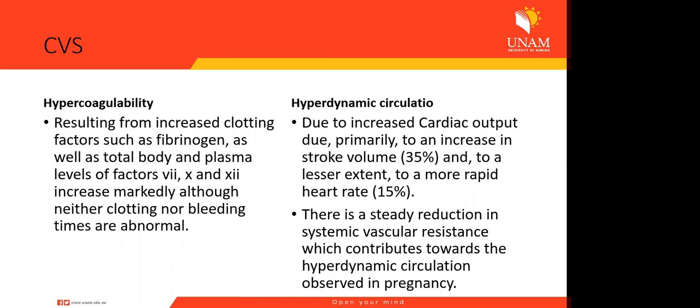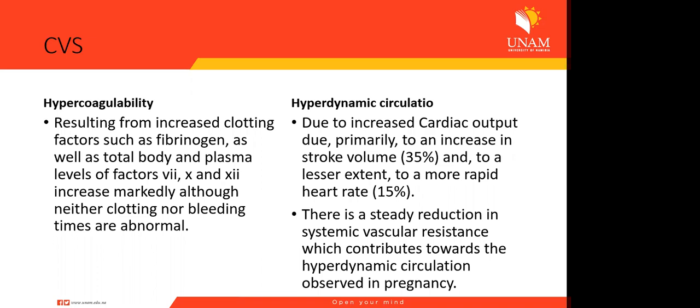All this leads to a hypercoagulable state, and don't forget the venous stasis that can occur. So these patients are predisposed to thromboembolic events. But note that although all of this increases, it does not actually lead to an increase in clotting or bleeding time abnormality.